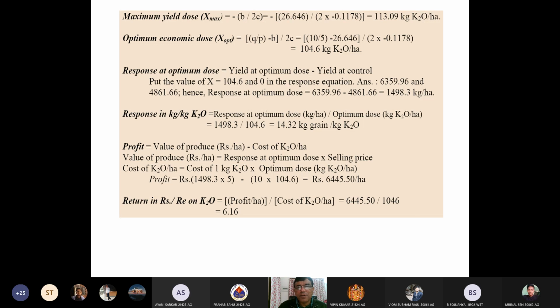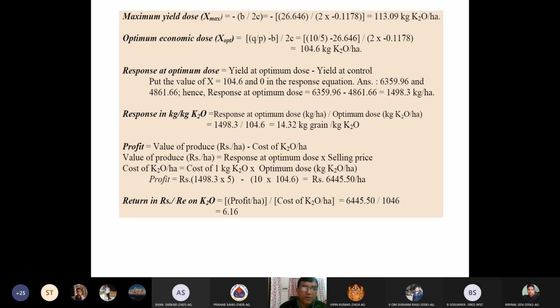That is the fundamental purpose of fitting the quadratic equation and finding out the optimum dose. Because if you use an excess dose of fertilizer, it will give you less and less return, first thing. And secondly, excess dose of fertilizer will pollute the environment. So it is not good from the environmental point of view as well as from the economics point of view.